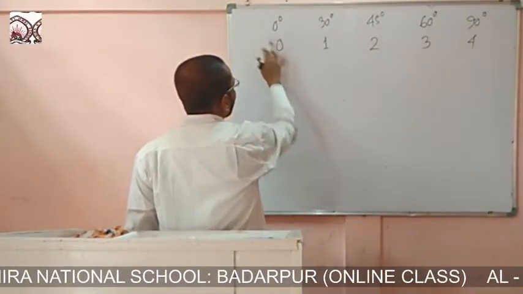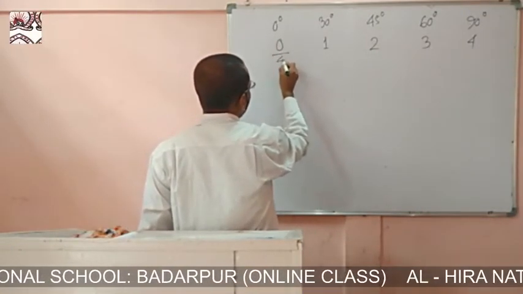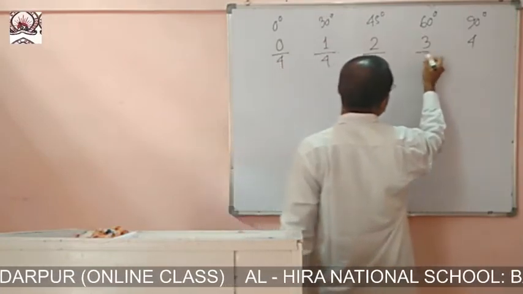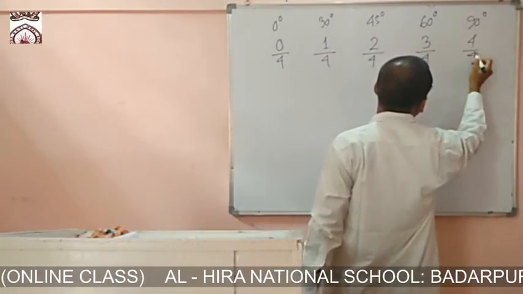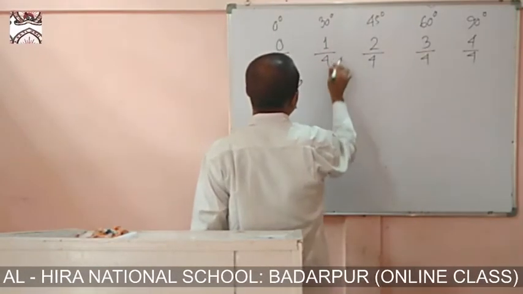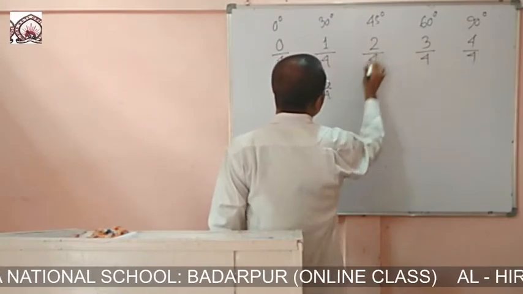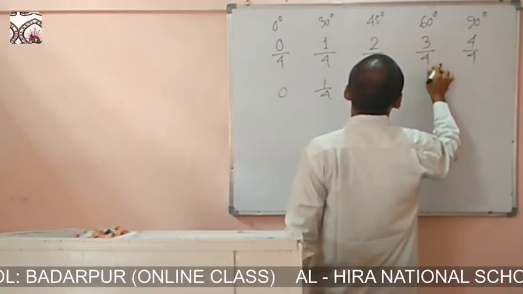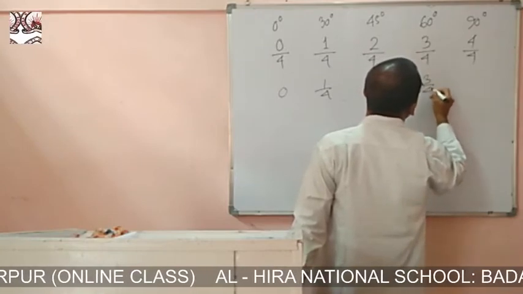So if we divide by 4, then 0 divided by 4 is 0, 1 divided by 4 is 1 by 4, 2 divided by 4 is half, and 3 divided by 4 is 3 by 4, and this is 1.